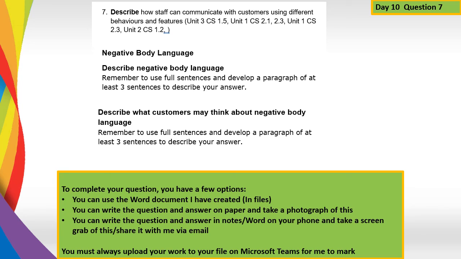On to question 7, the same thing again, however, this is negative body language. For the first part of your question, you're going to describe what negative body language is in 3 sentences minimum, and then for the second part, you're going to describe what customers may think about negative body language.